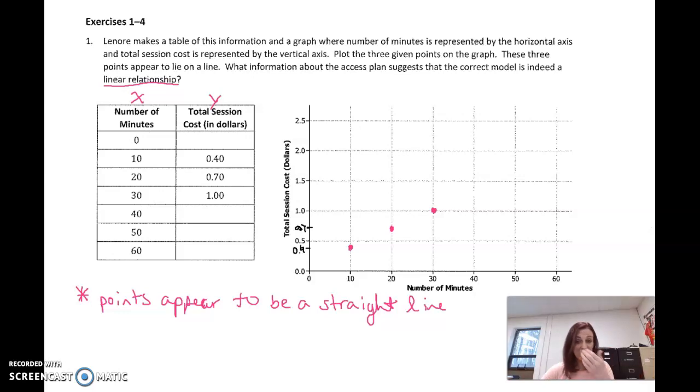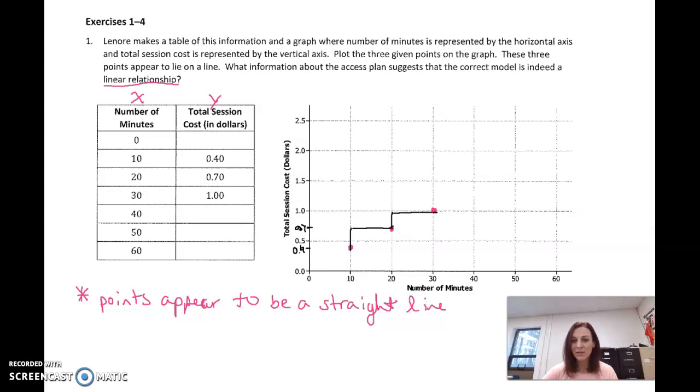We're going up 30 cents, right? So this is up 30 cents from 40 cents to 70 cents. And over, notice we're going over 10 units, right? So let's see if that's constant, because to be linear, we need to be constant, right? So if I go from 0.7 to 1, that's another 3/10 up, 30 cents up.